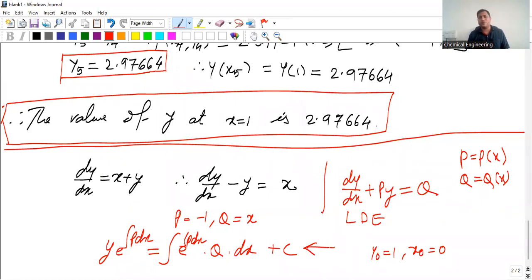Now put x equal to 1 and see the value you get for y. You can compare these two and see that your value is correct. This is nothing but the verification of the method, whether your method is giving you the correct answer or not. I hope I have answered your query.